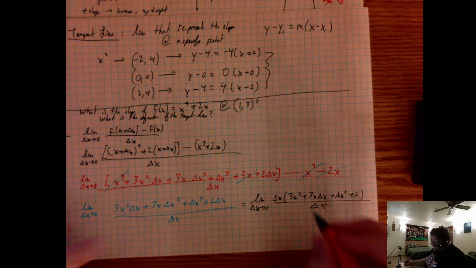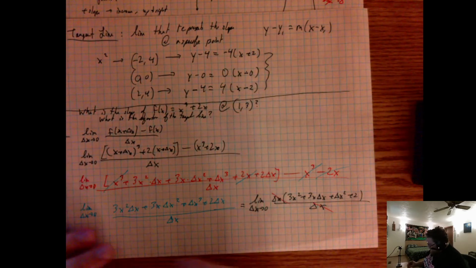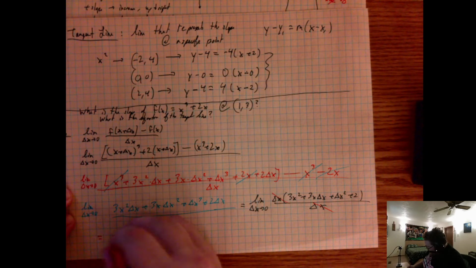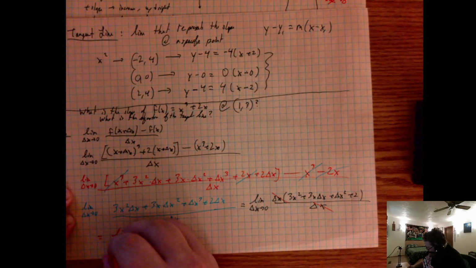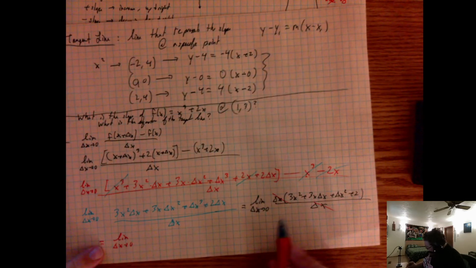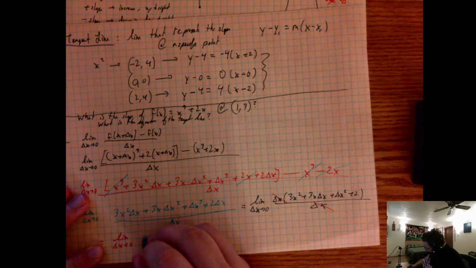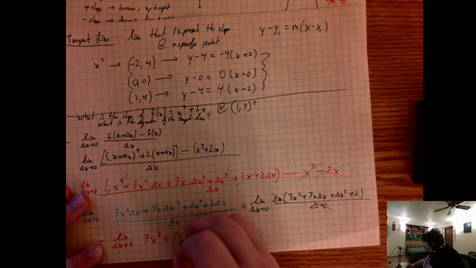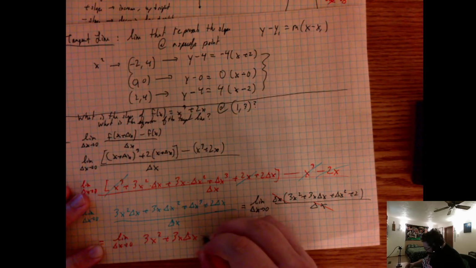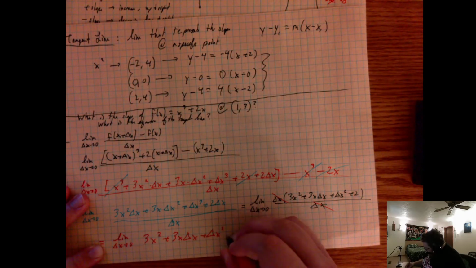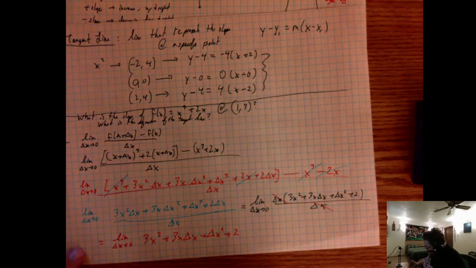And now I can see my delta x and my delta x are going to cancel, leaving me with the final limit as delta x approaches 0. All those deltas disappear. I'm left with just what's left in the parentheses, 3x squared plus 3x delta x plus delta x squared plus 2.